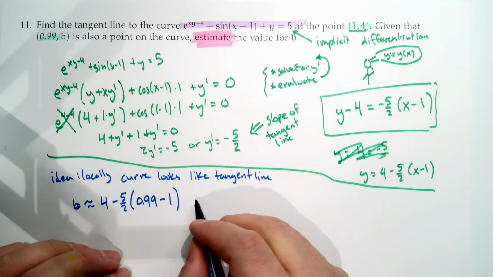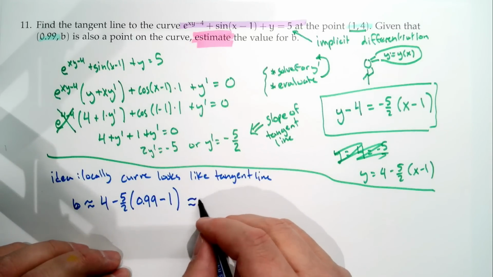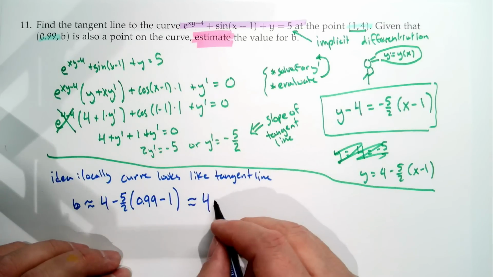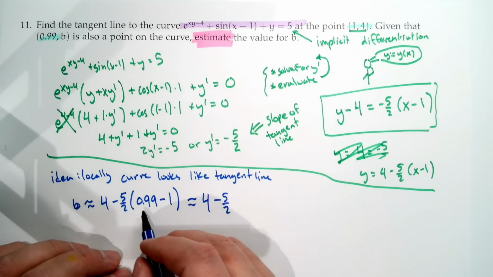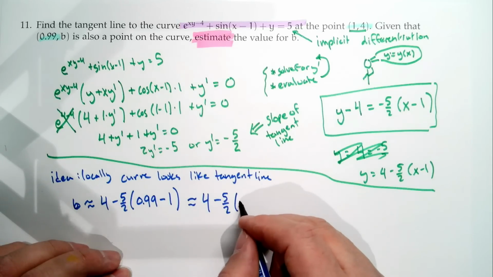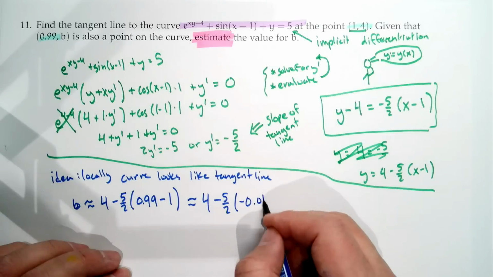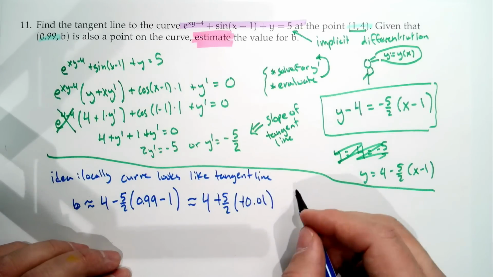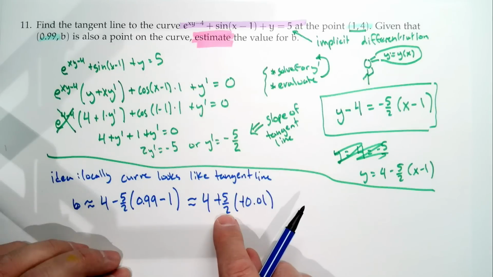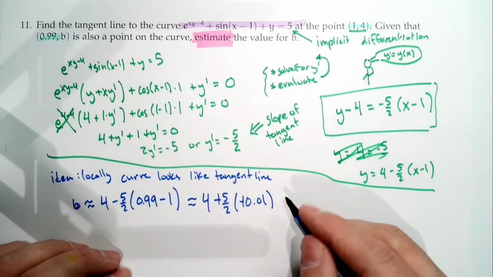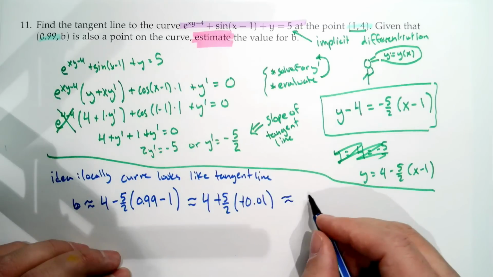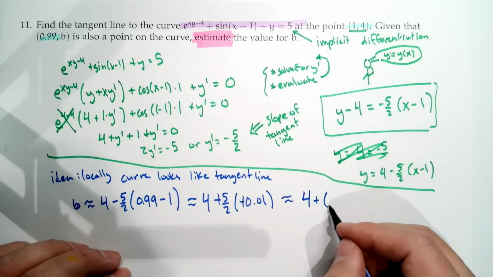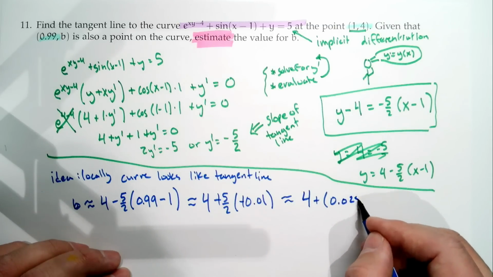Well, we could leave our answer like this, but for some reason I'm being greedy and I'm going to try to push this through. 0.99 minus 1, that's minus 0.01. Minus times minus makes plus. And 5/2 is 2.5. And if you multiply that together, you'll get 4 plus 0.025.